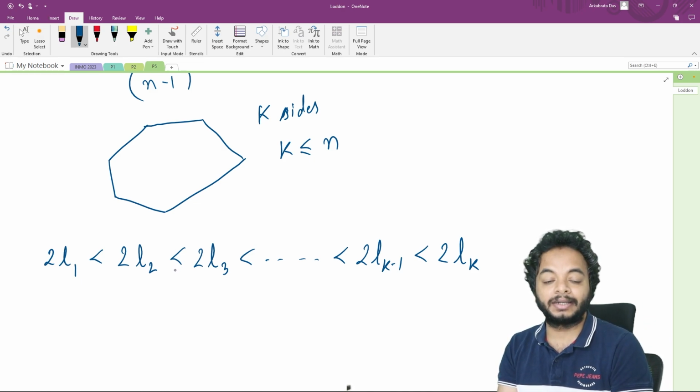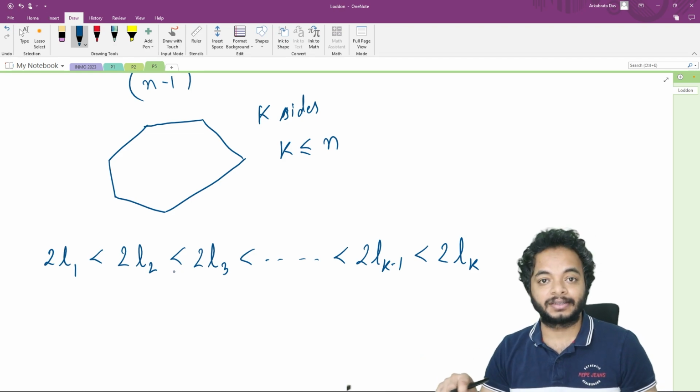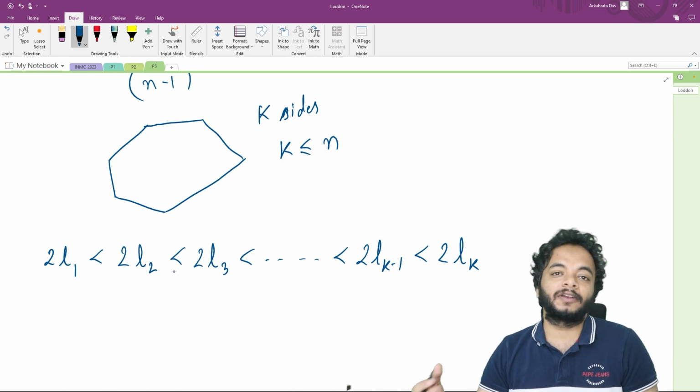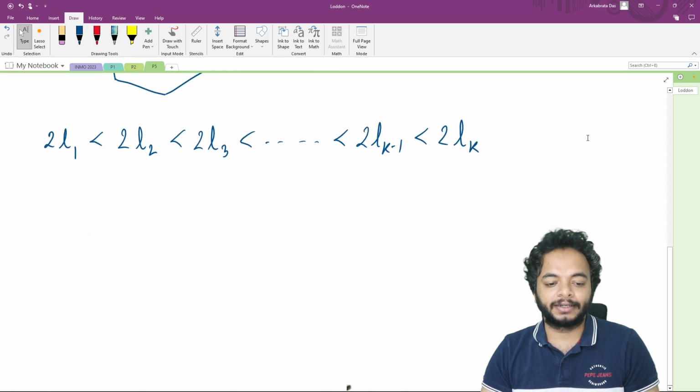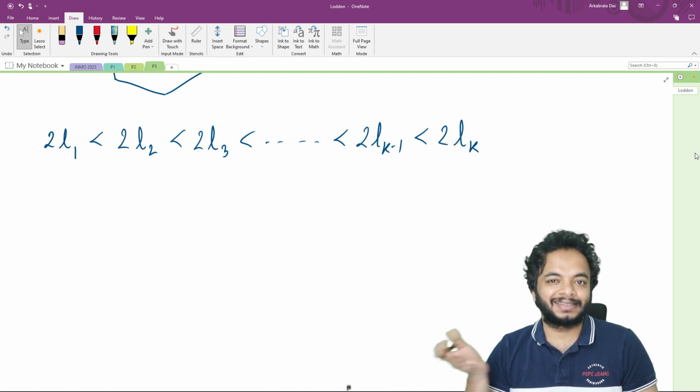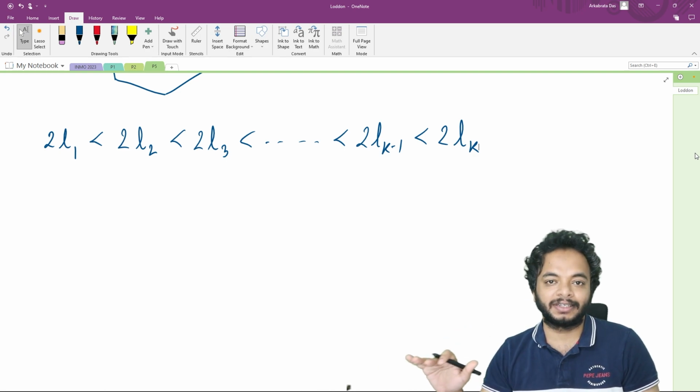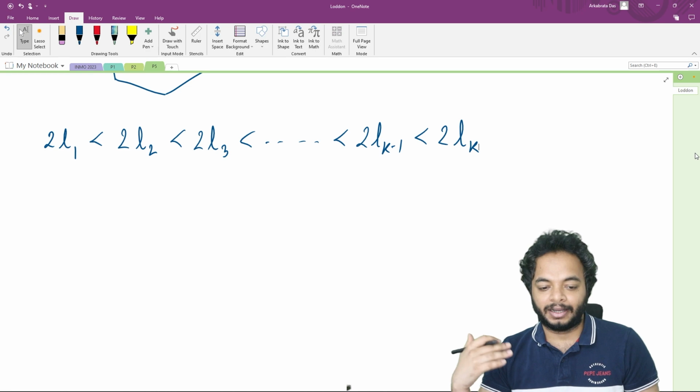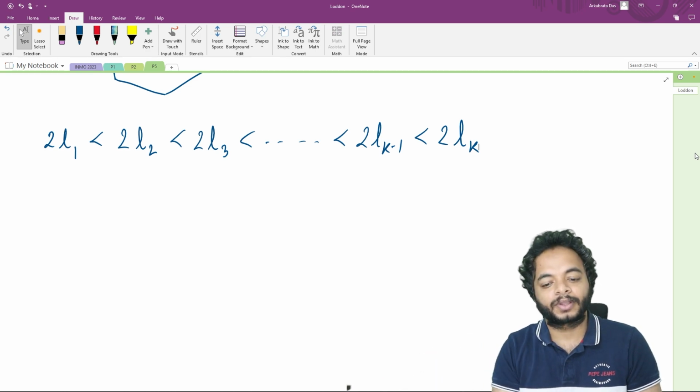Because we are taking distinct even integers, so our count involves distinct numbers, and that's why the relation is strict.